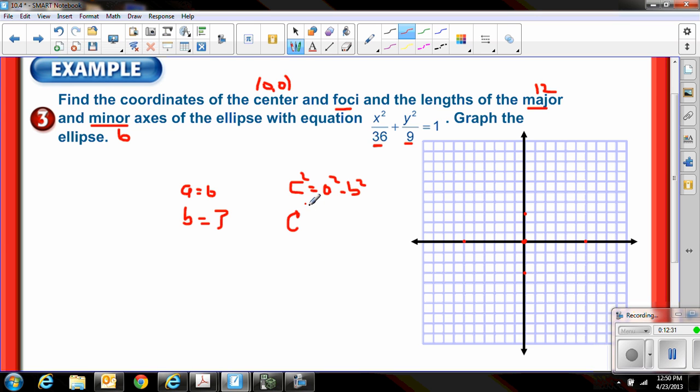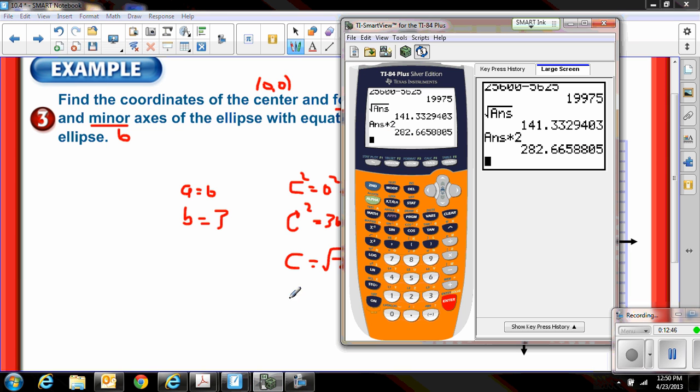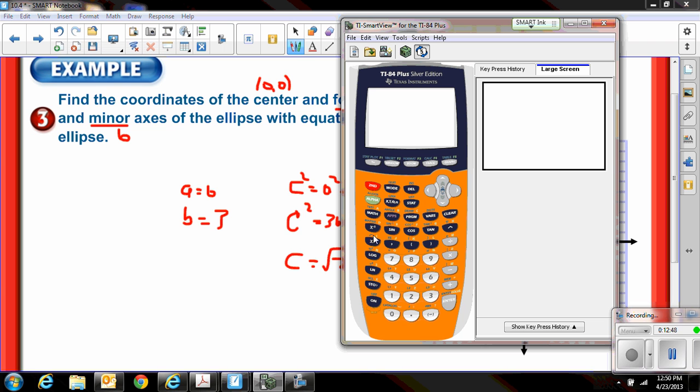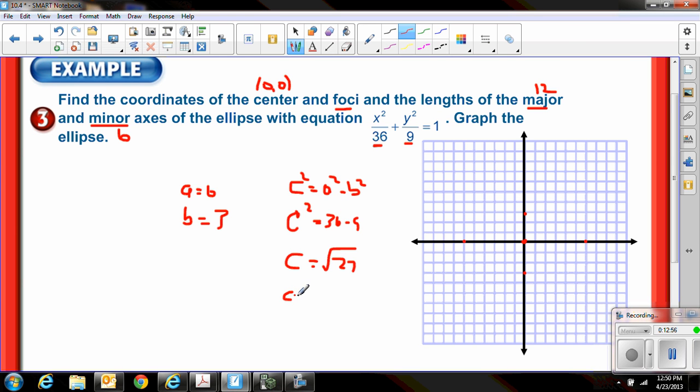So C squared is 36 minus 9, or the square root of 27. So pulling up my calculator once again, let's find the square root of 27 as a decimal, and that would be about 5.2.